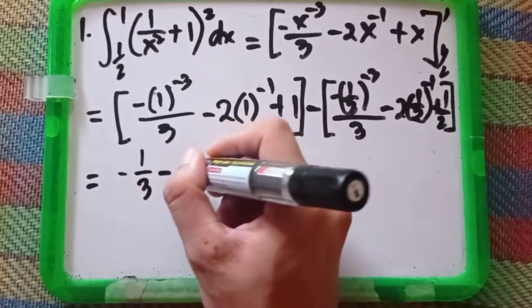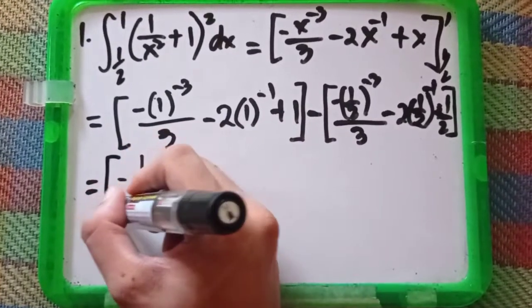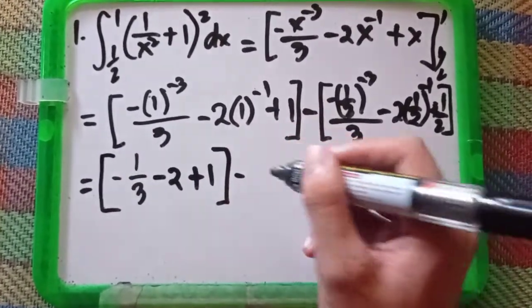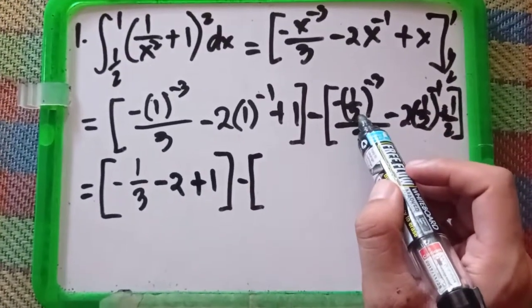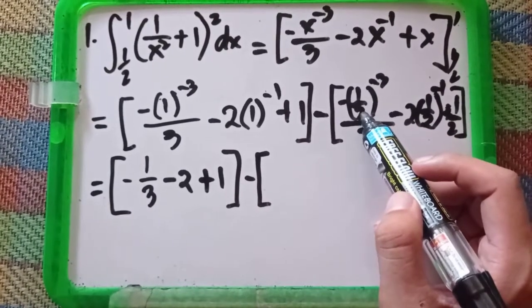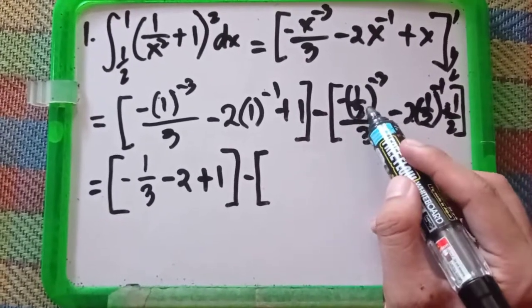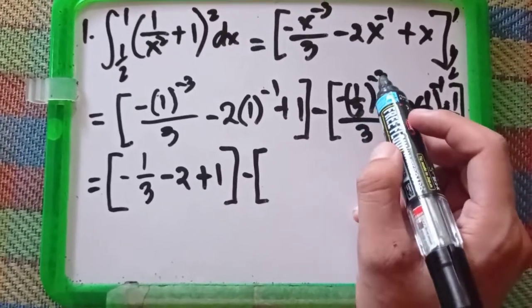So this will be negative 2 plus 1 minus, pag ito naka-raise to negative 3, magiging reciprocal lang niya, or magiging 2 raised to 3 na lang.